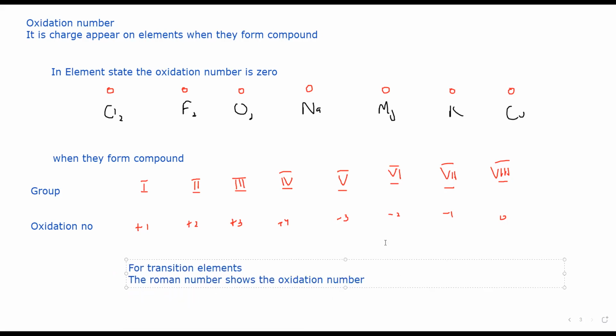So when we say this, copper 2 oxide, this Roman number is representing what? It is representing the oxidation number of that transition element.